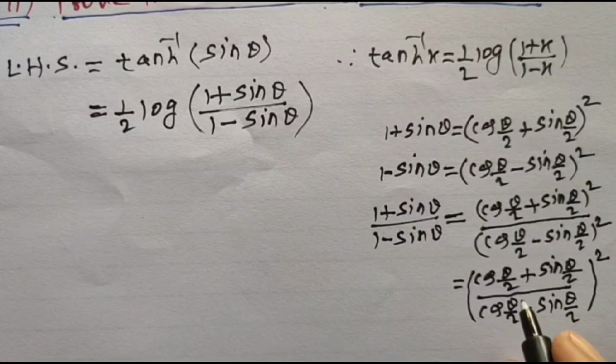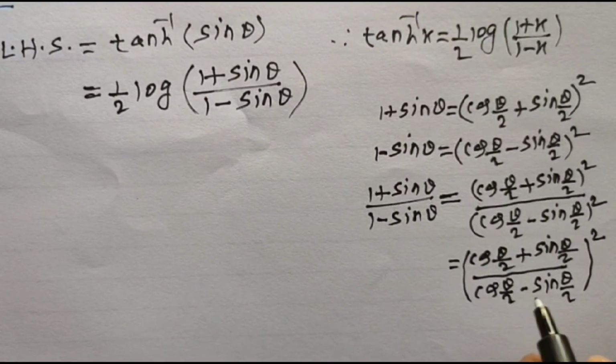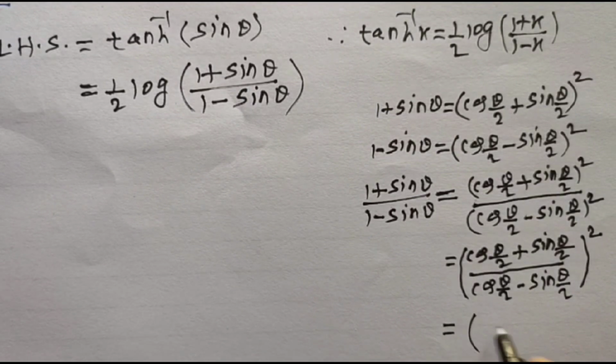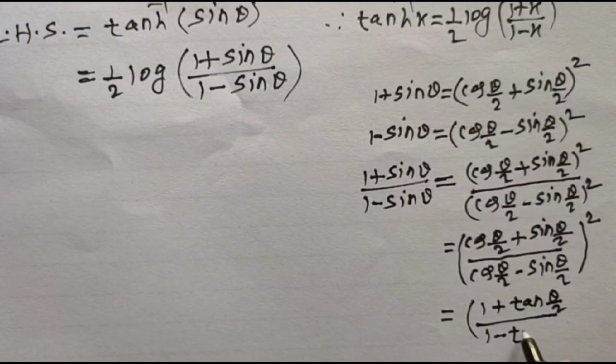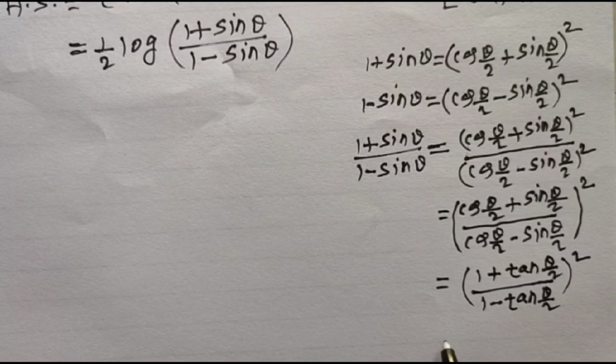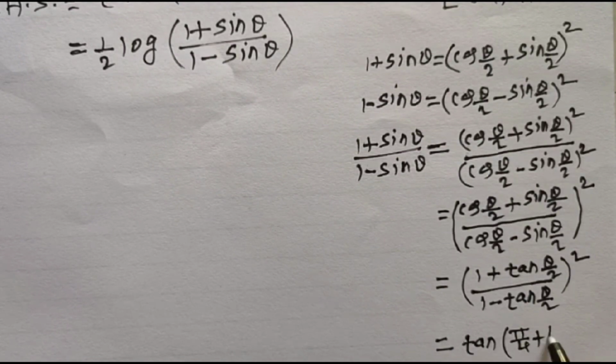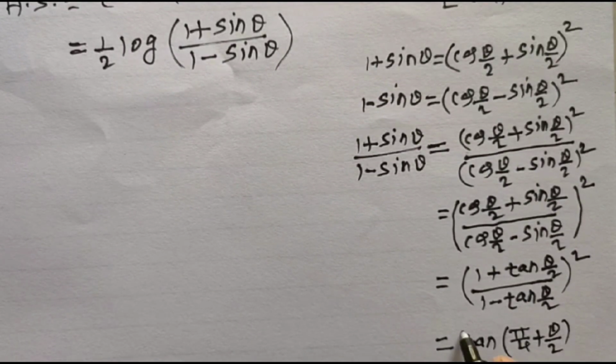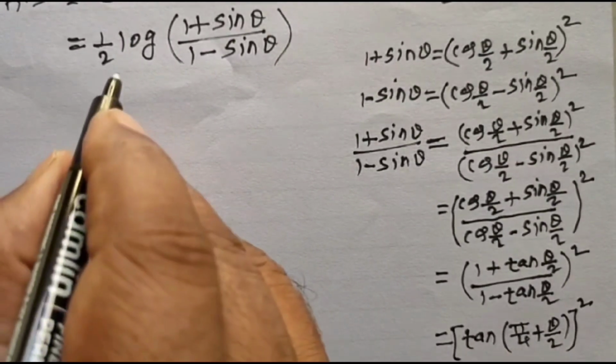And if we divide numerator by cos theta upon 2 and denominator by cos theta upon 2, this can be written as 1 plus tan theta upon 2 divided by 1 minus tan theta upon 2, its square. But 1 plus tan theta upon 2 divided by 1 minus tan theta upon 2 is nothing but tan of pi by 4 plus theta upon 2, and its square. Put this here.